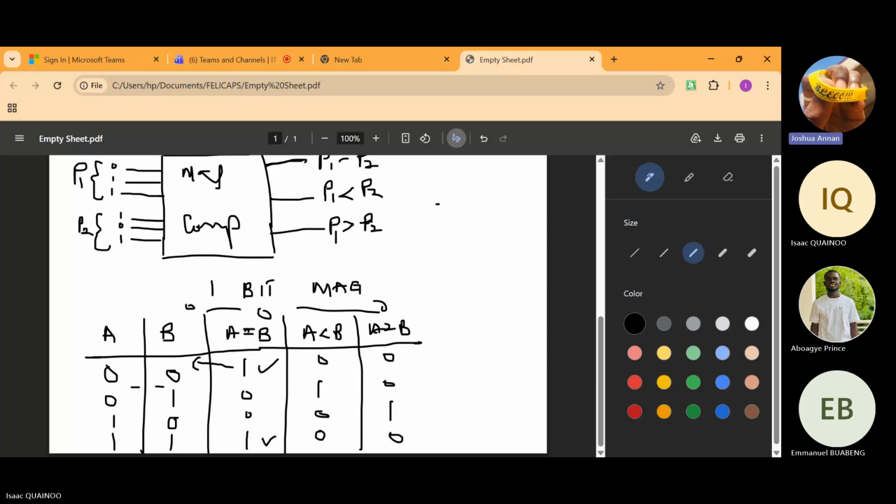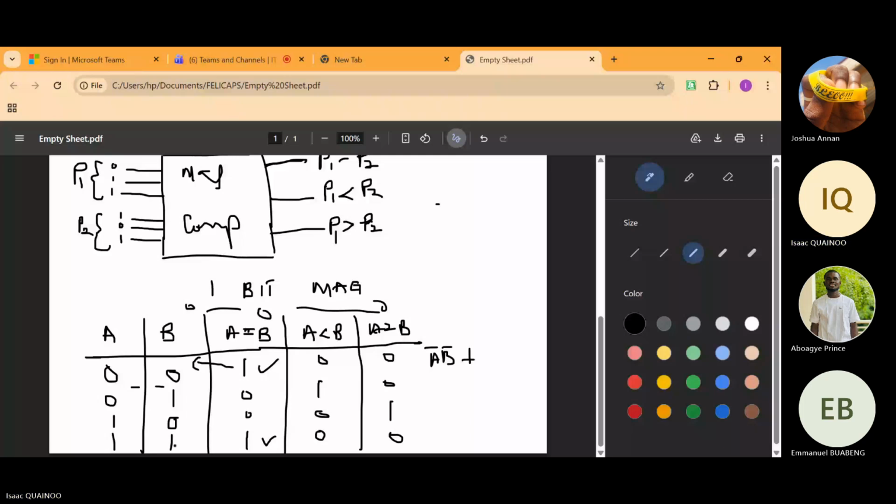A bar, and then B bar. Then plus, then you move to the second combination. The second combination which returns a 1 was 1 and 1, which is A equals 1 and B equals 1. So how do you write A equals 1 and B equals 1?